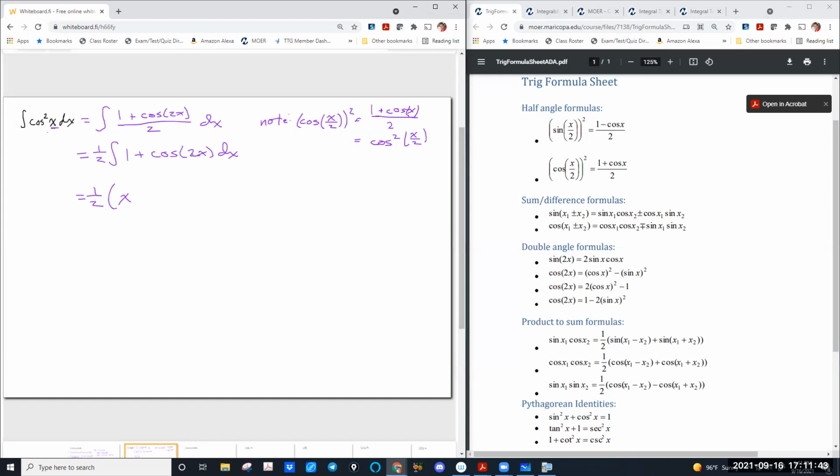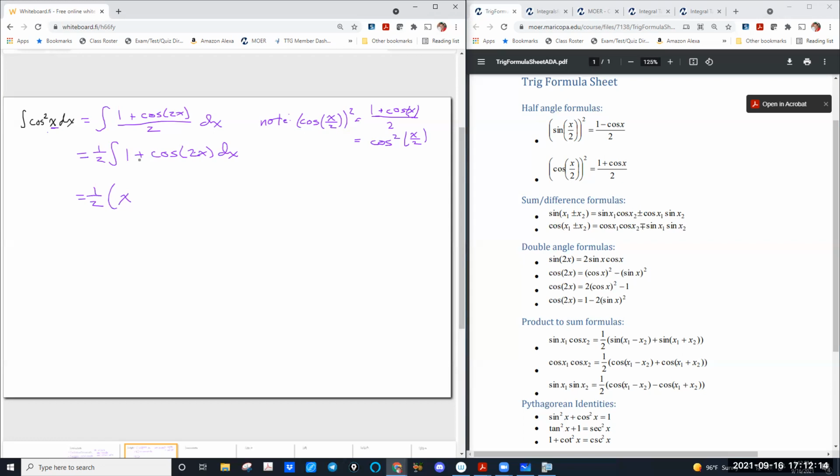Now this would fall under our u sub, because we basically have to undo the chain rule here. But I want to give you a way of thinking about it. If you want to do a u sub on this, by all means, do a u sub. There's nothing wrong with that. But let's think about it, because all that's really going on is we have more than just x in the cosine. If we were to do the derivative of this, it'd be negative sine of 2x times 2, or times the derivative of the inside.